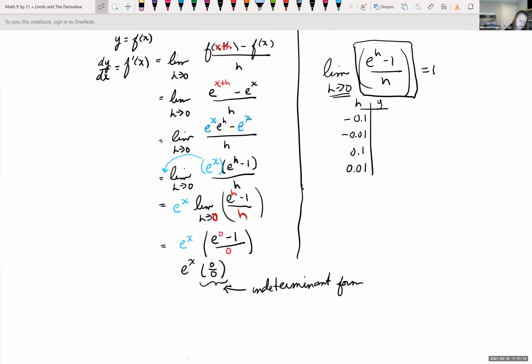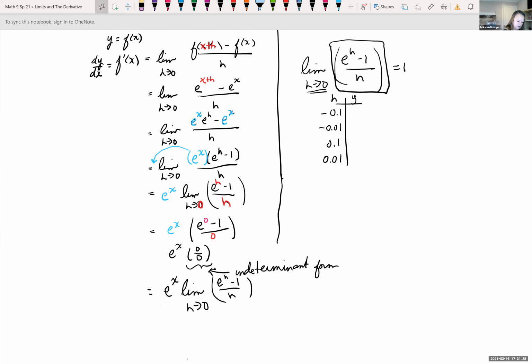Okay, so we're going to have to rewrite this. Actually, let's pull the e to the x out front. So e to the x times the limit as h goes to 0 of e to the h minus 1 all over h. Well, we just said that limit was 1. So this is equal to e to the x times 1, which is e to the x.